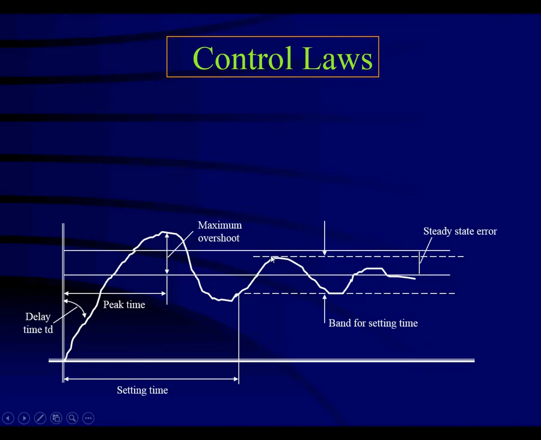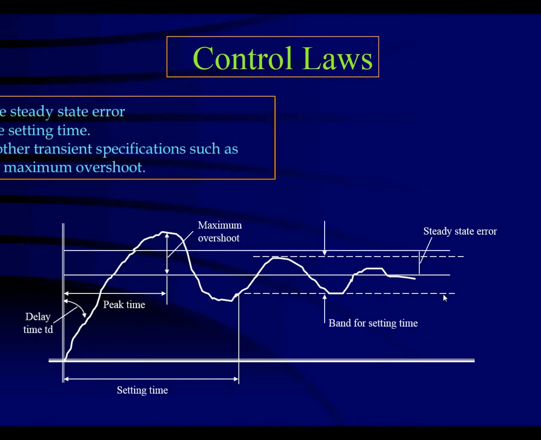The measure from the steady state response to the original value is called the steady state error. So obviously, one objective that we have is how do we minimize the steady state error? How do we make it zero so that the response would be totally accurate? That's what we need to do.